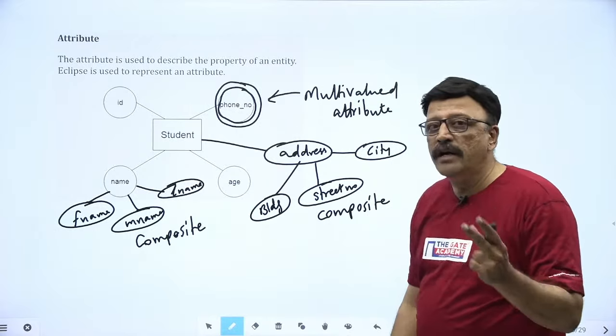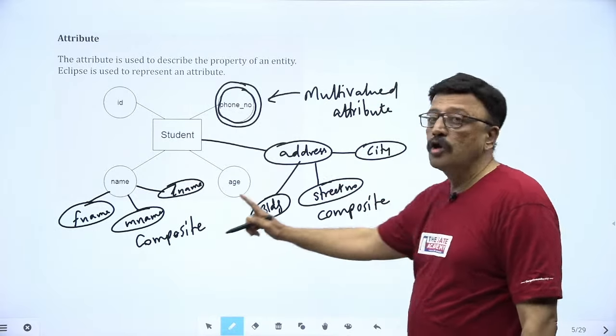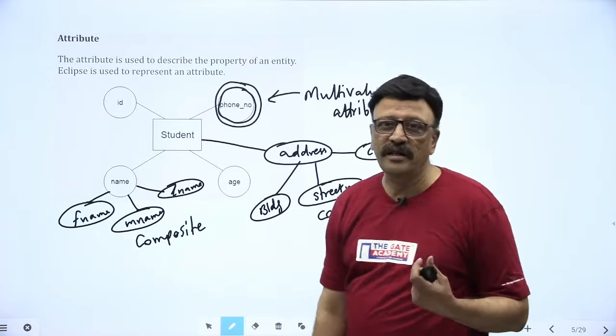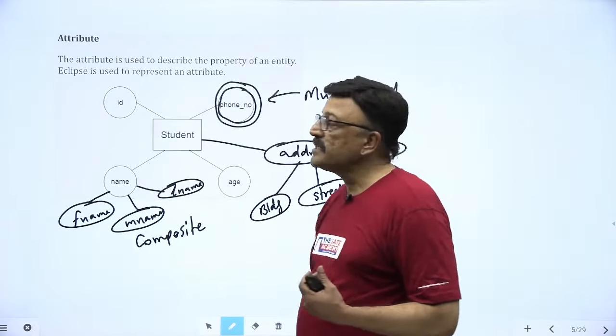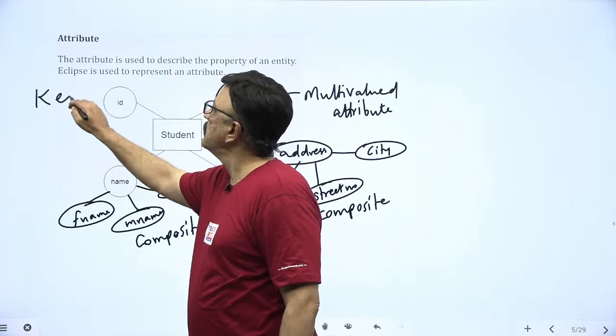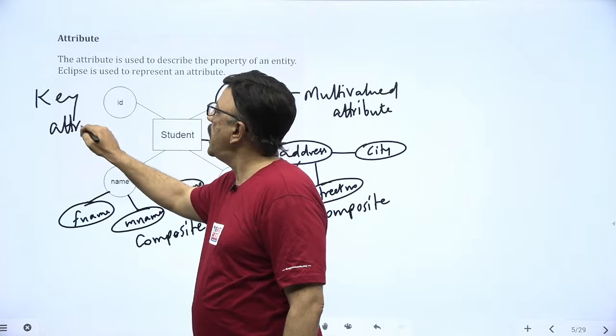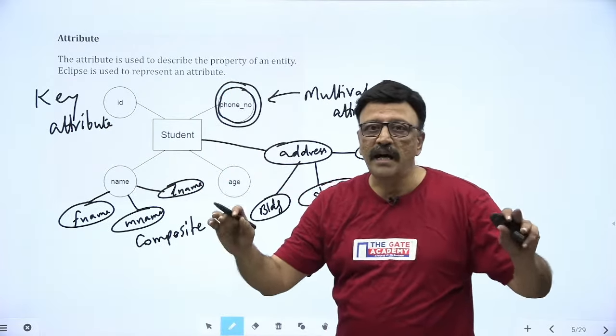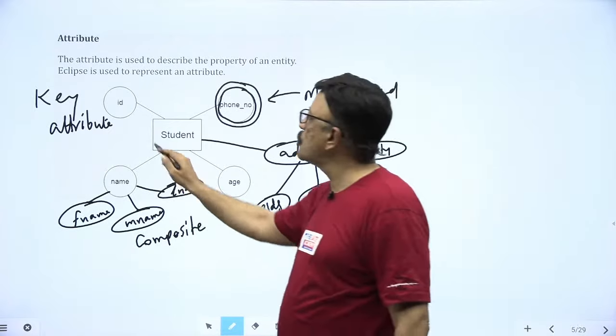So what are the two types of attributes? Multi-valued, composite. Now the third type of attribute is very interesting. It is called a key attribute. Usually key attributes in the ER model or ER diagram are shown underlined.